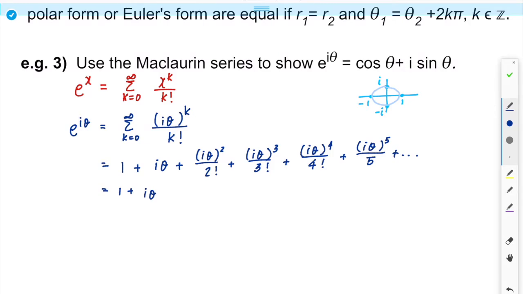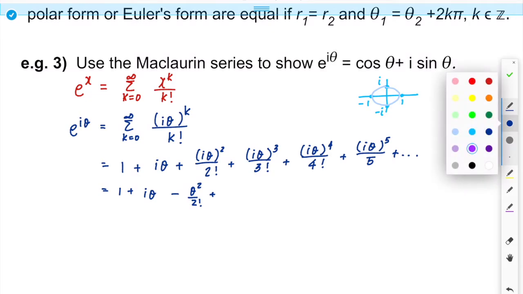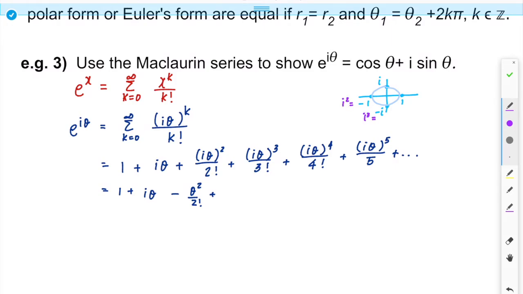Now, i squared, i times i, that's -1, theta squared over 2 factorial. Plus i cubed, i times i times i, this is -i. So basically the idea is that this is equal to i, this is i squared, this is i cubed, this is i to the power of 4, and so on. Okay?